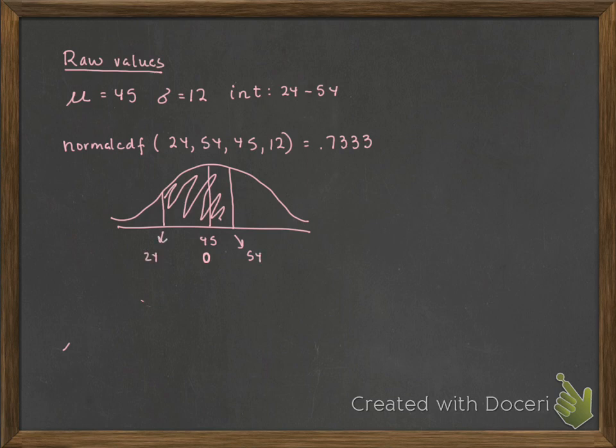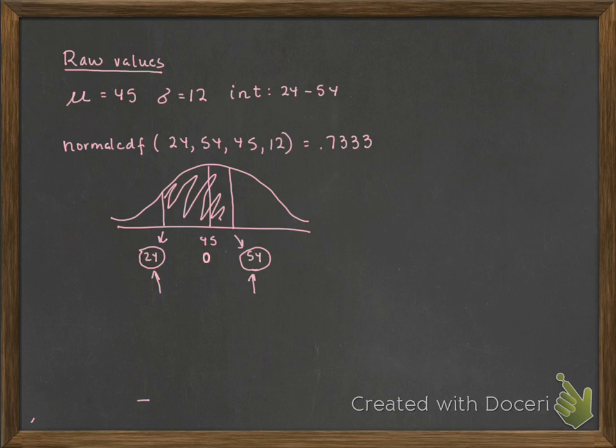If we were looking for the area in between, we'd first have to find the z-score that went with 54 as our upper bound on our interval. Then we'd also have to find the z-score that corresponds to 24 minutes. Take the area to the left of 54, which will be bigger than the area to the left of 24. Find the z-scores, plug them into your calculator, and then subtract the larger minus the smaller. Okay, which again is a whole lot more work than it needs to be.